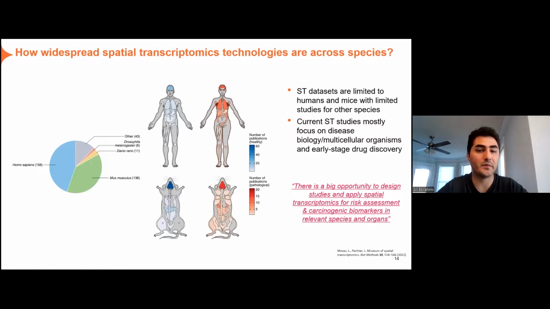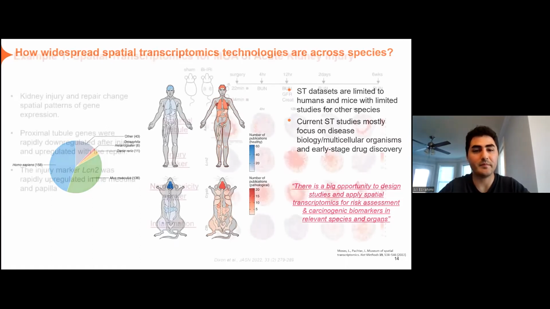But for toxicology, there is a big open space in which various species relevant for risk assessment could be studied, and also the different organs relevant for toxicogenomics and biomarker discovery. I think they should be included.